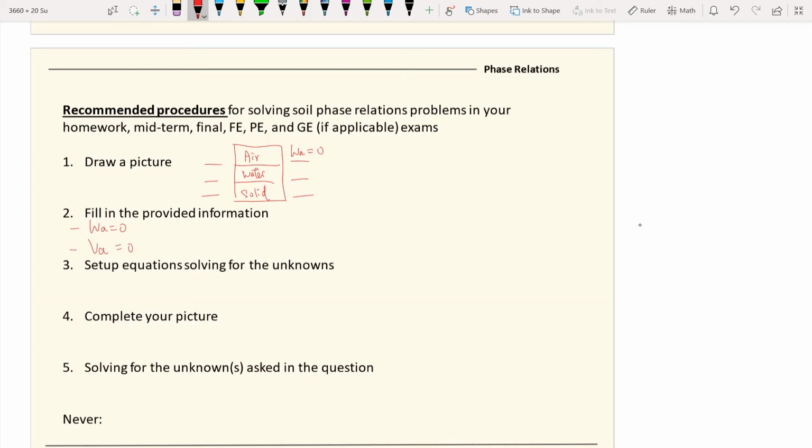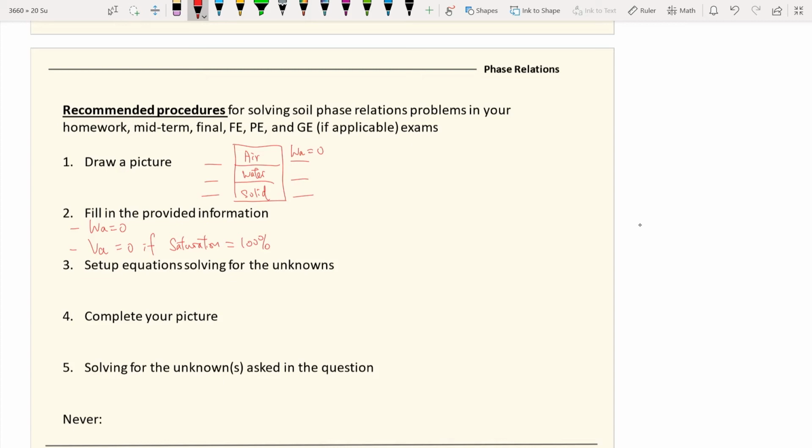But there's a big if. If saturation equals 100%. Only if the problem tells you. If the problem didn't tell you anything about saturation, then you cannot assume the volume of air is equal to 0.